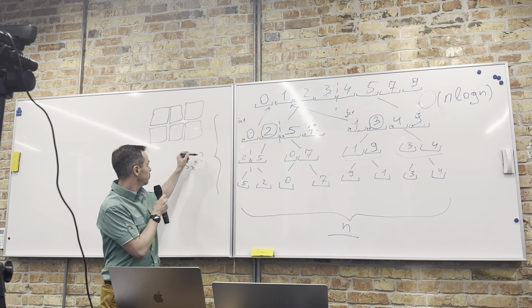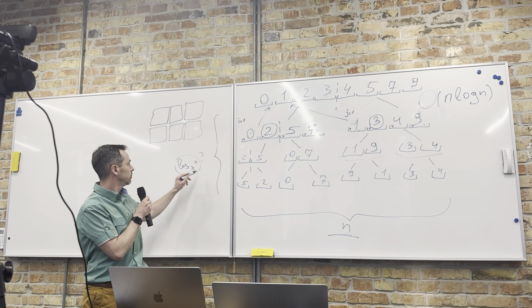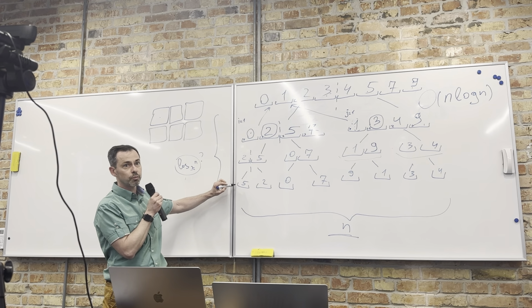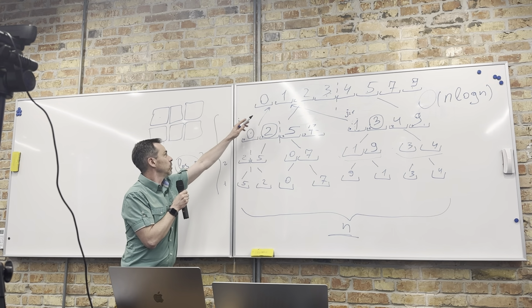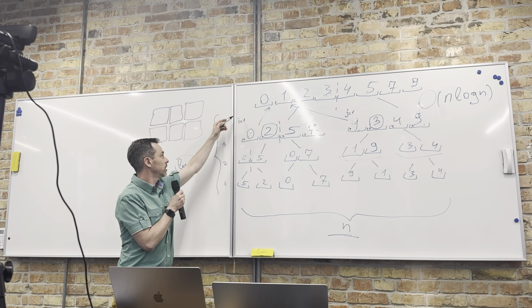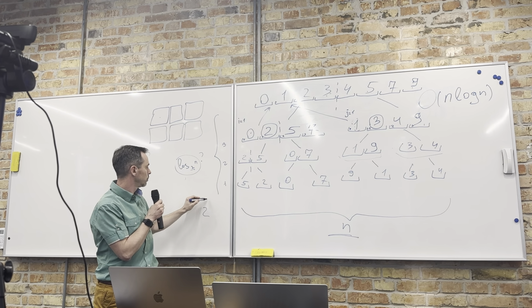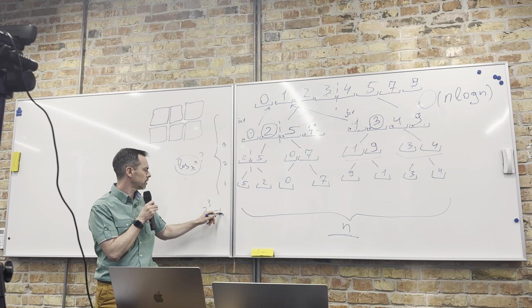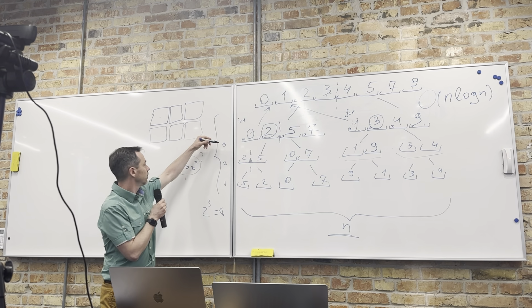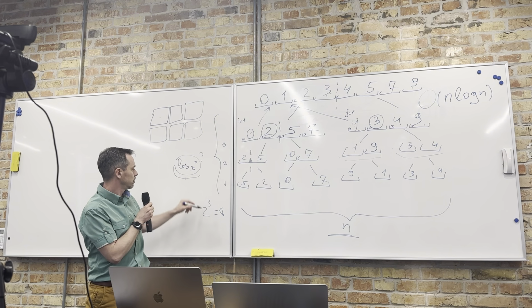But do you understand why it is log n? We could count: 1, 2, 3. When we divide this array, 2 to the power of 3, we get 8. Is it correct? So that's why we have this.